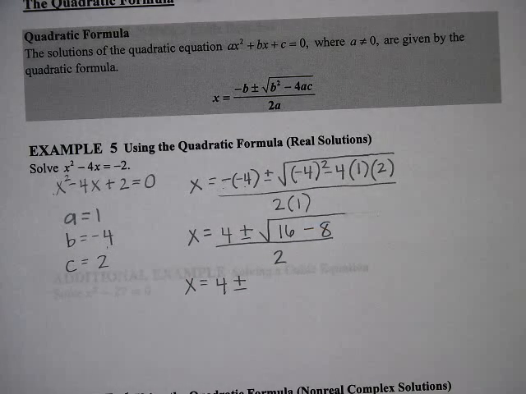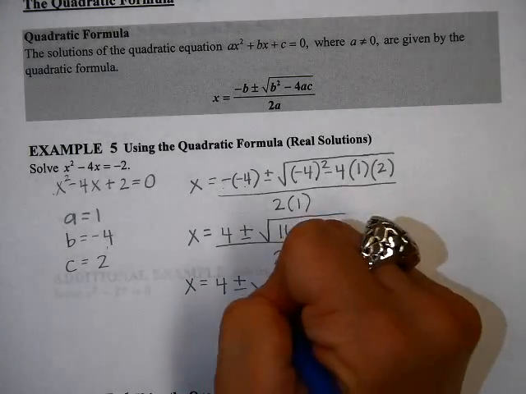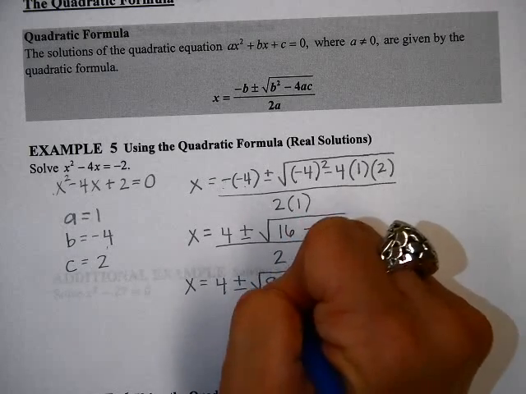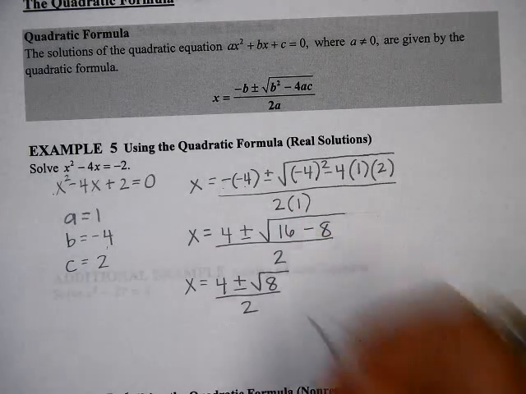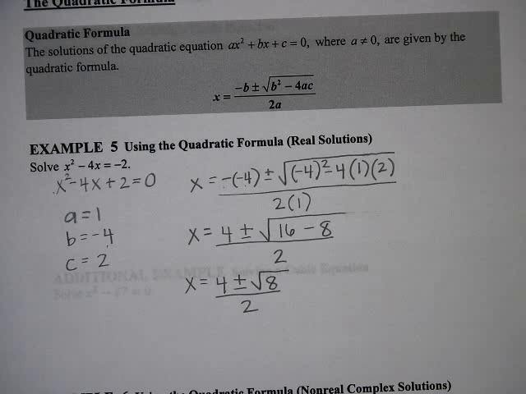Underneath your radical, 16 minus 8 will be the square root of 8, all divided by 2. Once you get to this point, then you still want to simplify this the same way that we have in the previous sections. So the square root of 8 is not a perfect square, but it can be broken down.